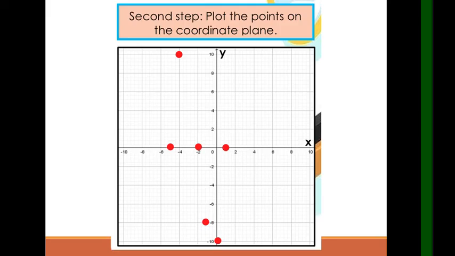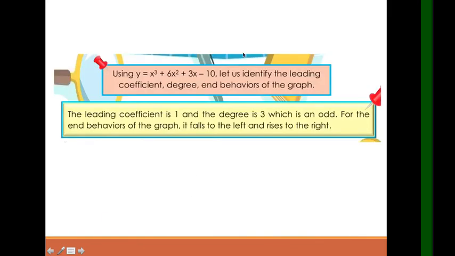Ang gagawin natin is, ang ating graph is starting sa baba, using yung pinakita kong sample kanina. Tignan natin kung tama. Kasi sabi dito, it falls to the left and rises to the right, since the leading coefficient is greater than 0 and the degree is odd.